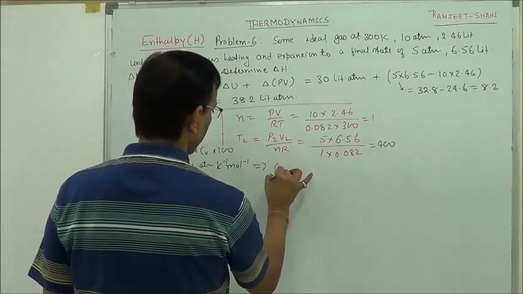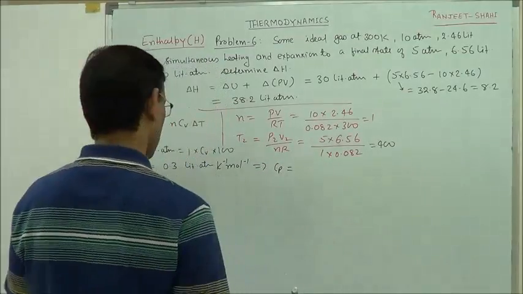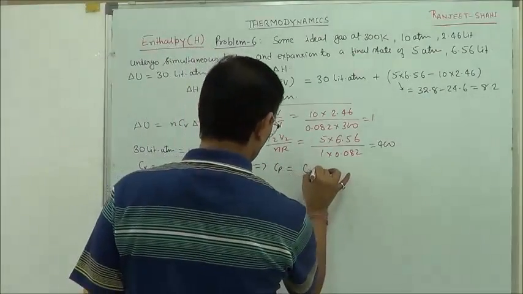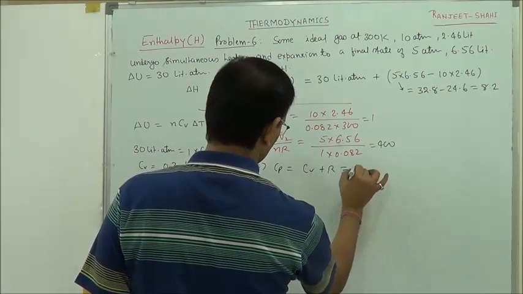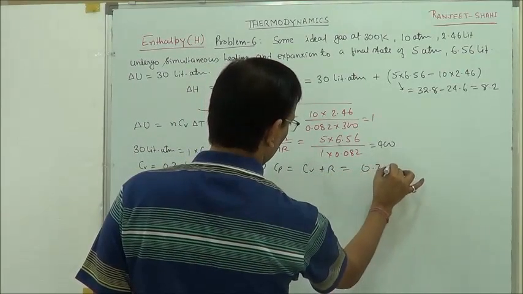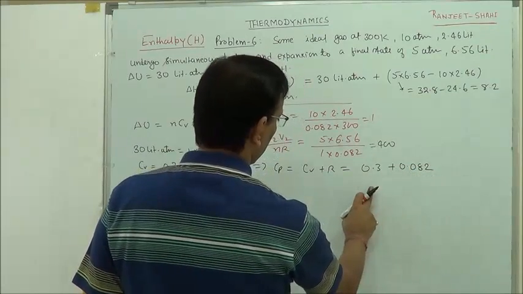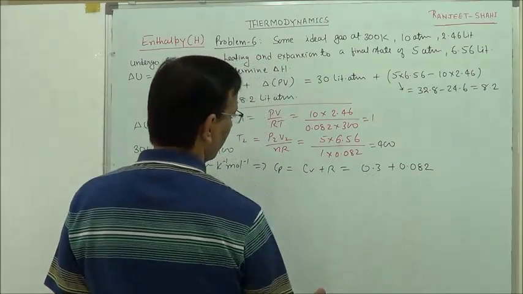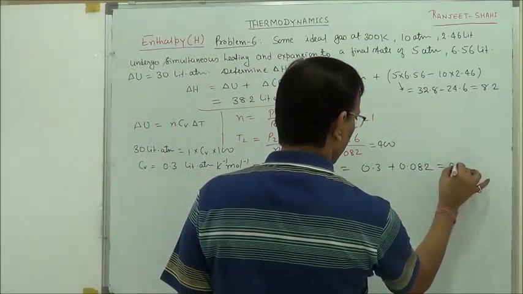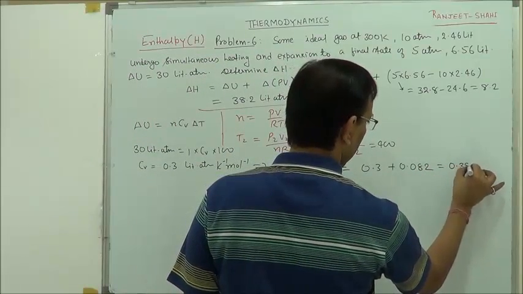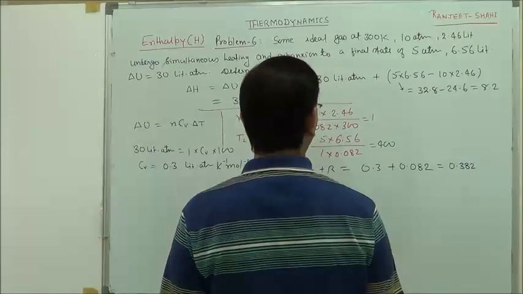So Cp is equal to Cv plus R, 0.3 plus 0.082. That is very important, it is in liter atmosphere unit. So 0.382, it is Cp.